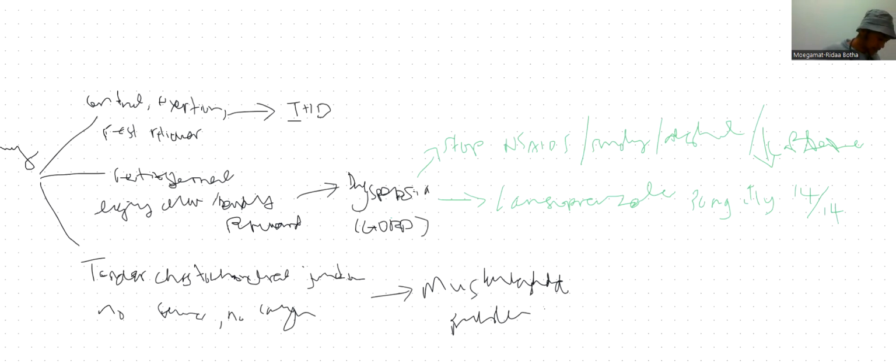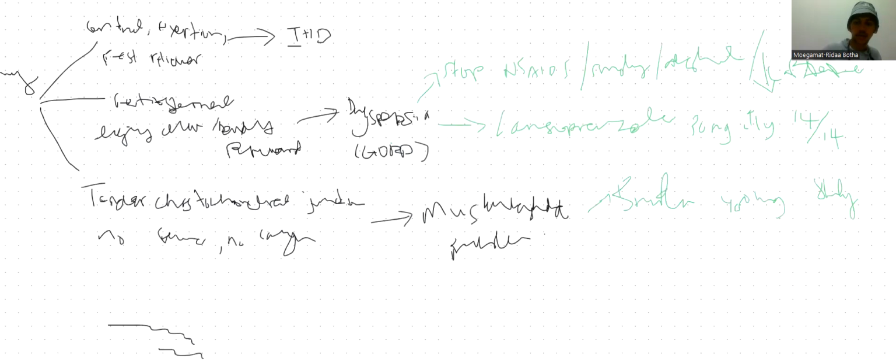Musculoskeletal. So if it's musculoskeletal, you give ibuprofen. Brufen would be 400 milligrams, 8 hourly, right? So it's 400 milligrams, 8 hourly, for up to 5 days.